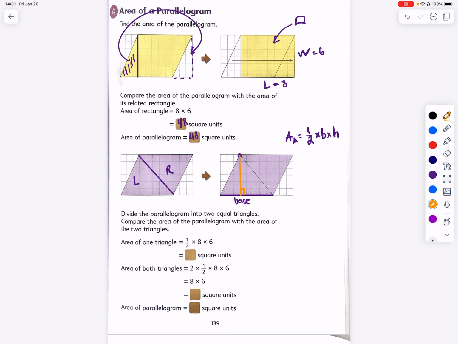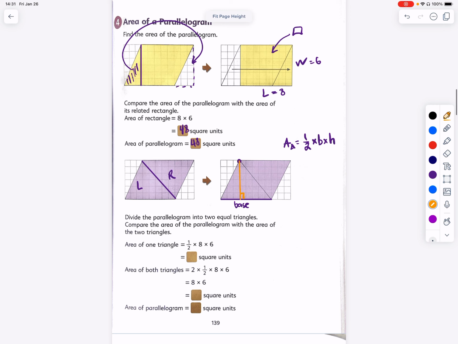So the area of this triangle would be a half of 8 times 6, which is 24 square units. And then we would consider the second triangle, the right triangle, this shape. Again, we would look at it from the same point of view. We would first find the base, and the base would be equal to 8 units.